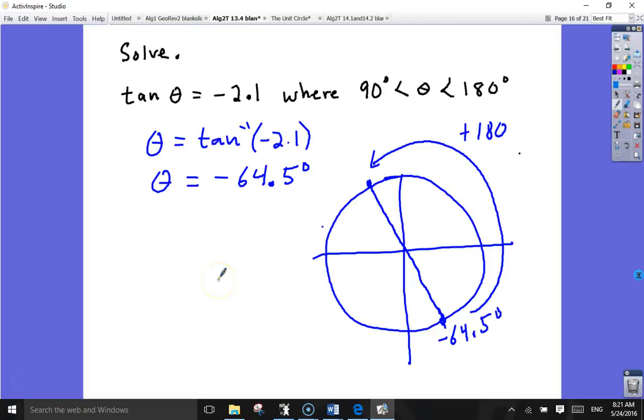So what's negative 64.5 plus 180? That would be 180 minus 64.5, 115.5 degrees. Again, you could take the tangent of 115.5 degrees and see that it equals negative 2.1. That would be a good check.